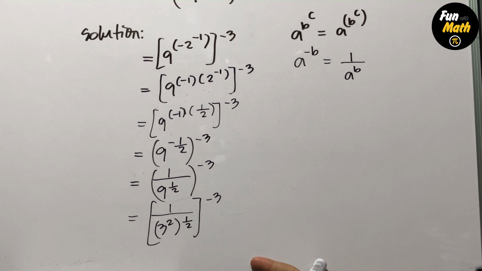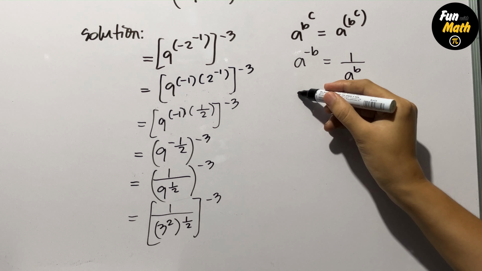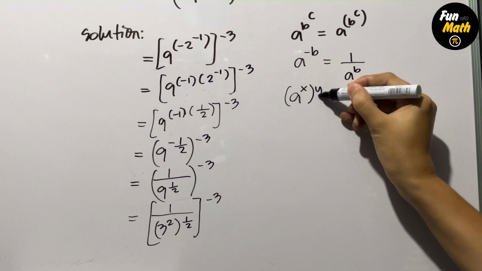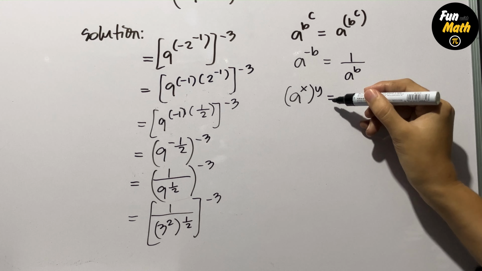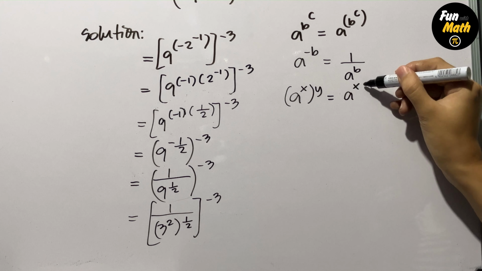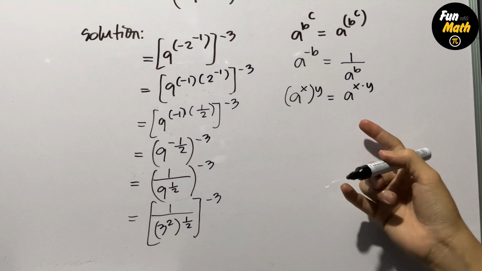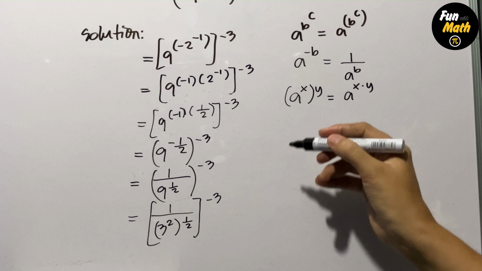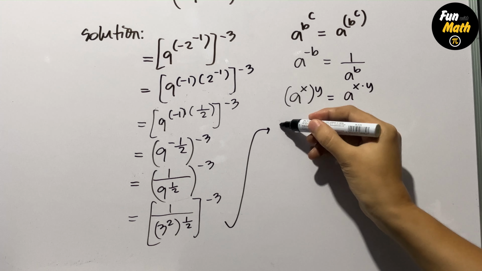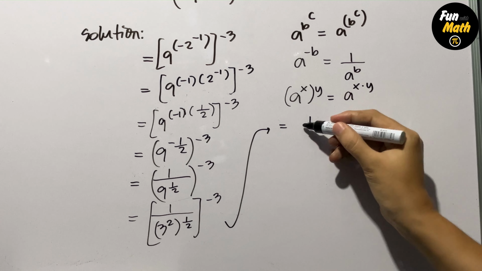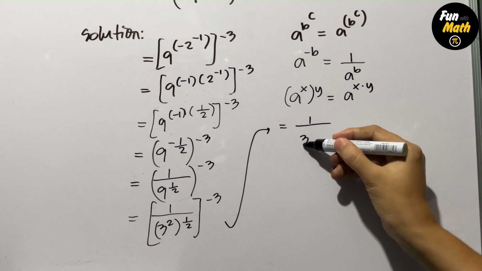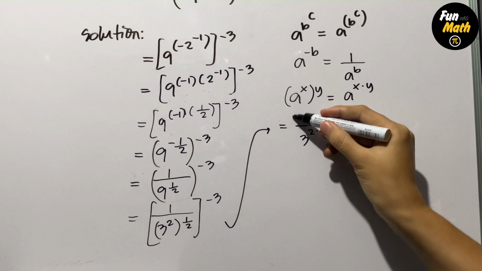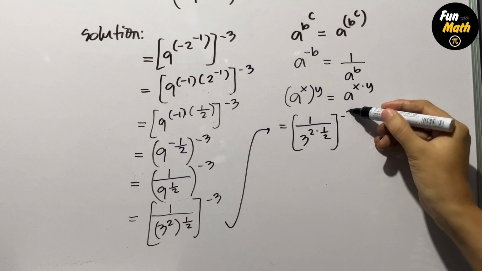And then another rule of a power, let's apply. If a to the power of x whole to the power of y, that is also equal to a to the power of x times y. So we simply multiply a power to a power. So this is now equals 1 over 3 to the power of 2 times 1 half, then whole to the power of negative 3.